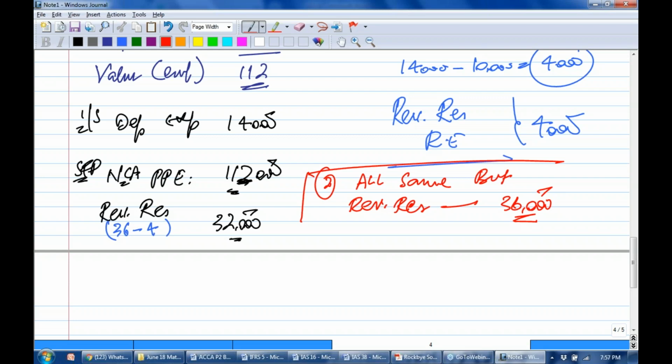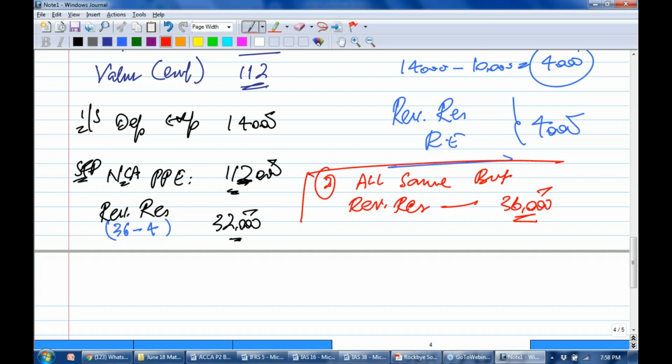You remember how we measure under IAS 36? Carrying amount versus recoverable amount. And the recoverable amount is fair value less cost to sell or value in use. There is no concept of value in use or NRV in the revaluation model. So these are two separate things. If any company uses the revaluation or cost model, it is irrespective of IAS 36. If there is some indication of impairment, external or internal, we have to test.